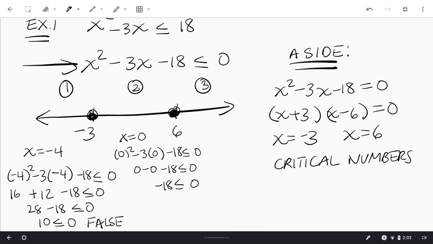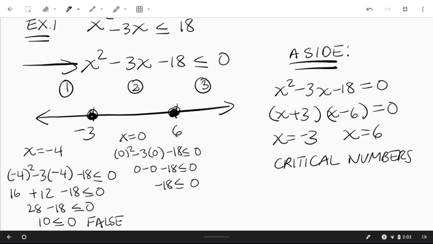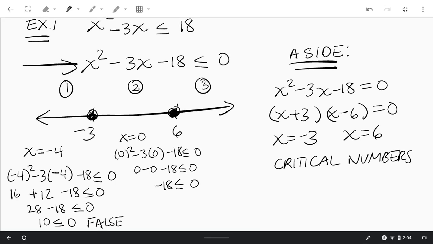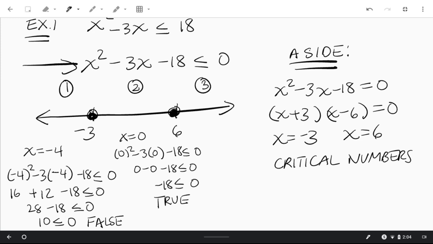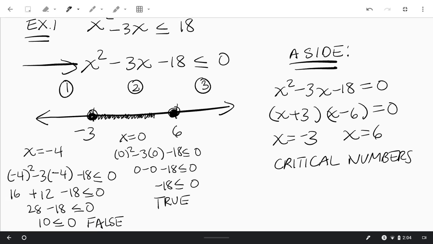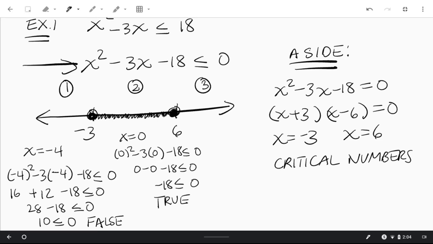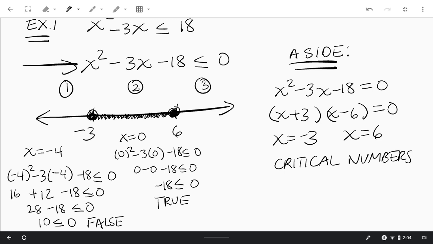And that is actually true. -18 is less than or equal to 0. Okay, so since it is true, I will go ahead and shade this middle part of the number line, region 2. Okay, and let's go ahead and check region 3.